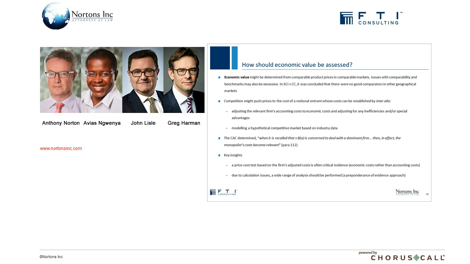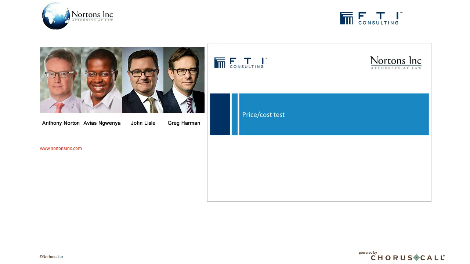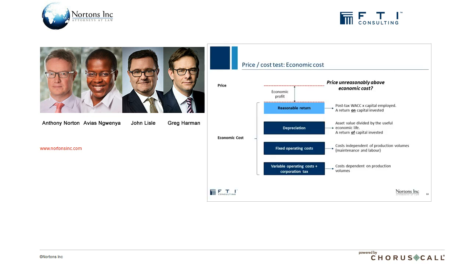So if we jump on, I can tell you now a little bit more about the price cost test, but as I go through, I'll also discuss where certain adjustments can be made that take us away from the dominant firm's costs to something that might look more like a firm's cost in a competitive market.